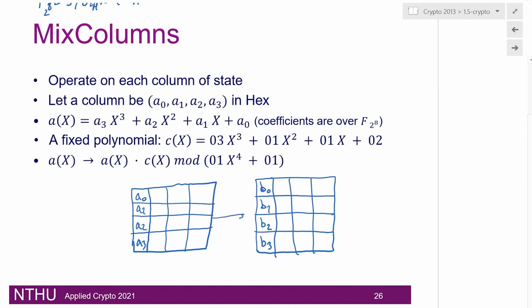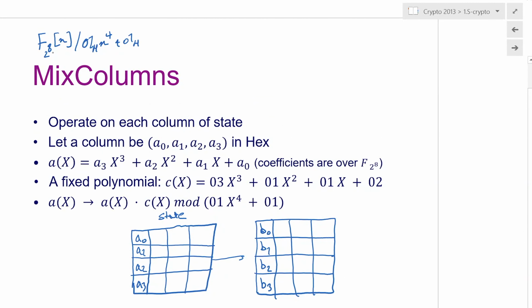When I look at the state, this is my state. We said we are looking into the columns. Any of these values are 8 bits, 1 byte, members of 2 to the 8. I can represent them as these hex values, A0, A1, A2, A3. So then I form a polynomial, and A0, A1, A2, A3 would be the coefficients of this polynomial.